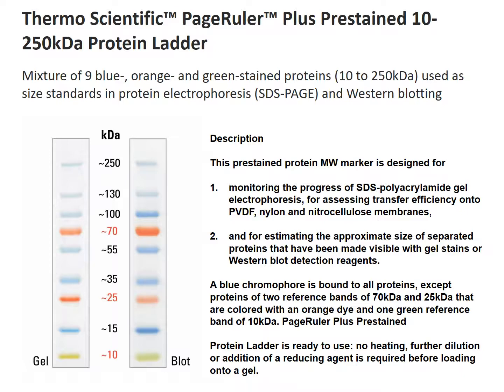And these are 9 proteins, blue, orange, and green stained proteins from 10 kilodaltons to 250 kilodaltons. So it's very small to very large.